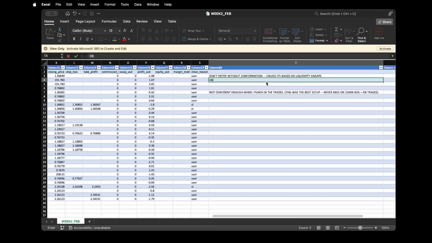It was okay, the logic was okay, it was one of the rarest setups.